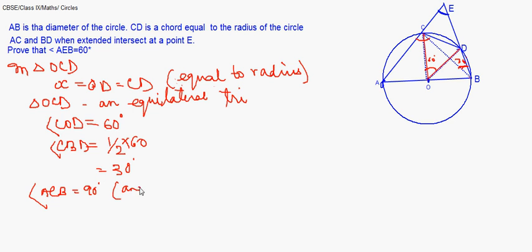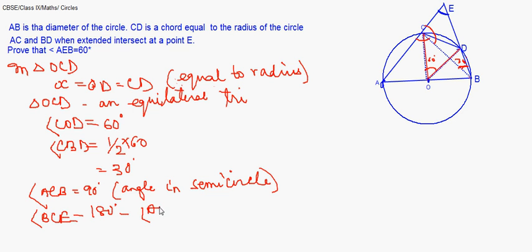Angle BCE will then be 180 minus angle ACB, because they both make a linear pair. So it is 180 minus 90, so it is 90 degrees. Now this part is 90 degrees.